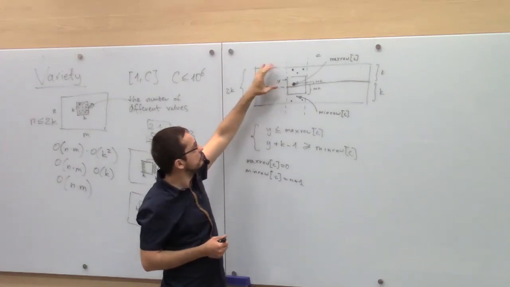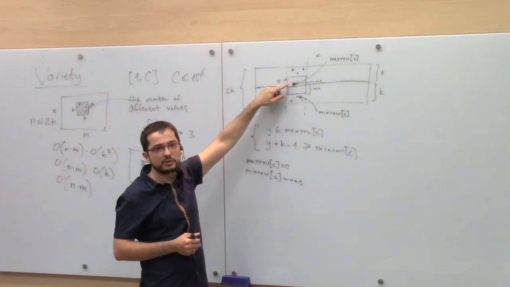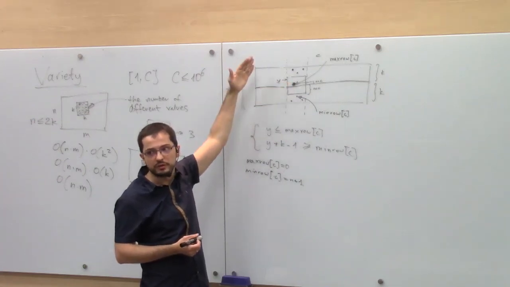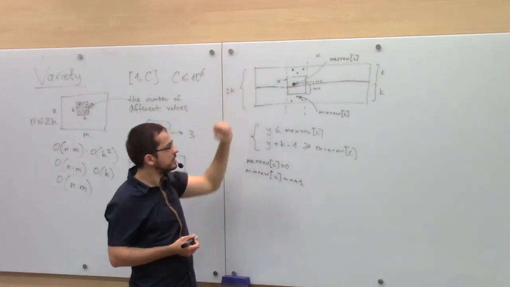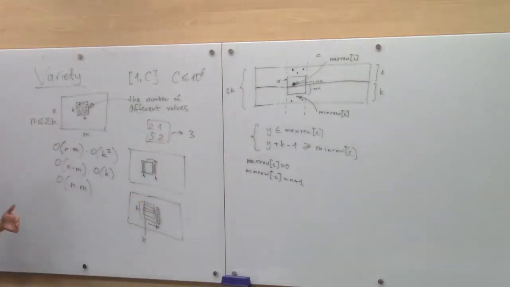Because if we are moving the square downwards, this will be the last element which will be removed from the square. So actually, these are the only two inequalities which say when element C is in the square.